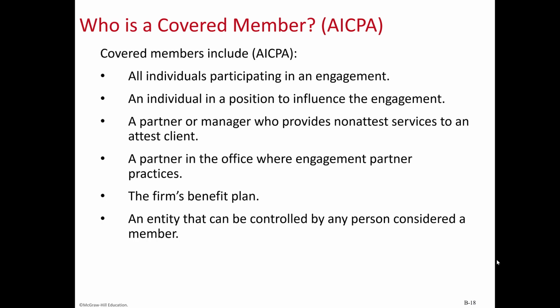These are all individuals participating in an engagement, an individual in a position to influence the engagement, a partner or a manager who provides non-attestation services to a client, a partner in the office where the engagement partner practices, the firm's benefit plan, and an entity that can be controlled by any person that is considered to be a member.